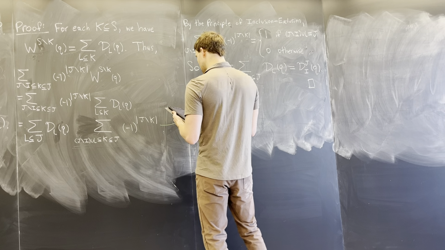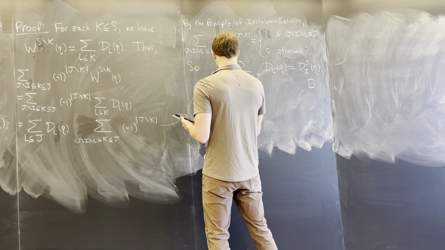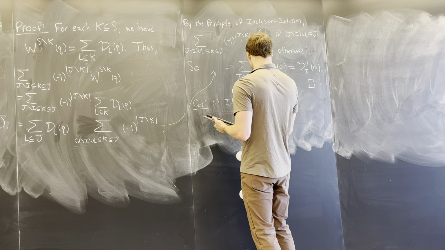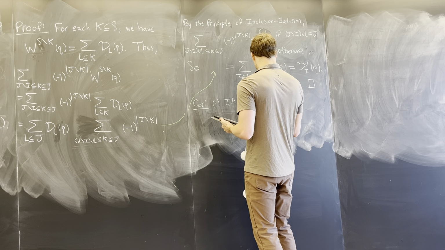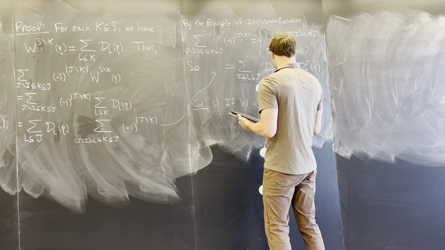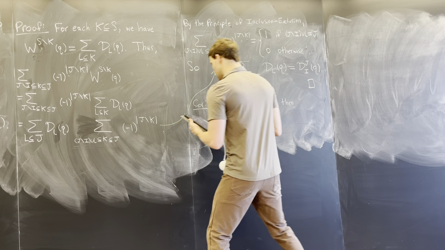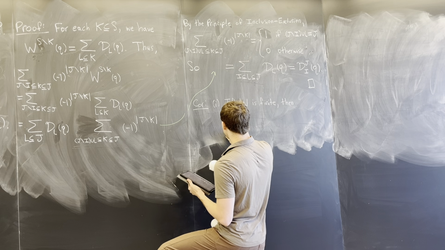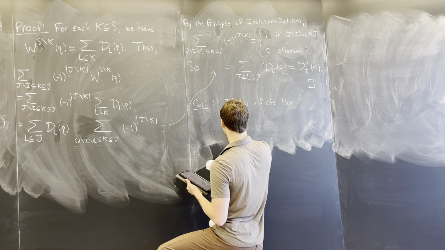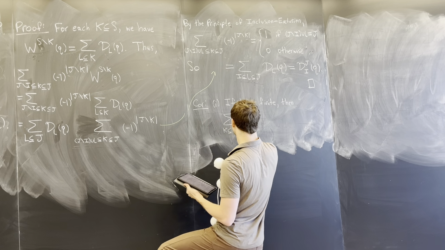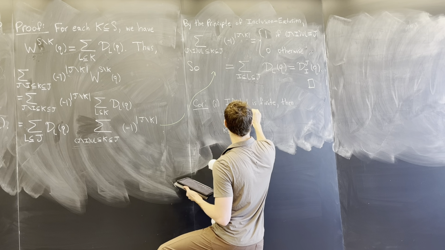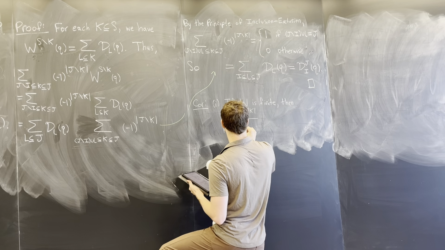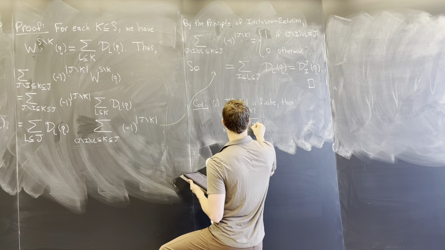So first of all, if W is a finite Coxeter group, then if I look at this sum, I'm going to sum over all K, a subset of S, of (-1) to the size of K, divided by W_K of q.